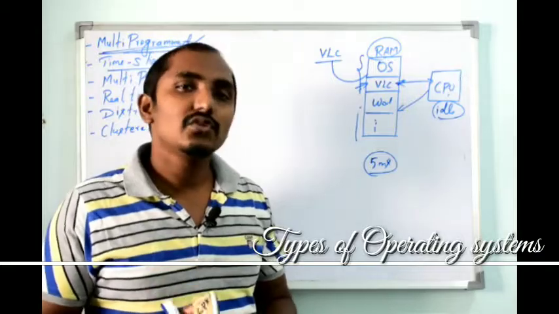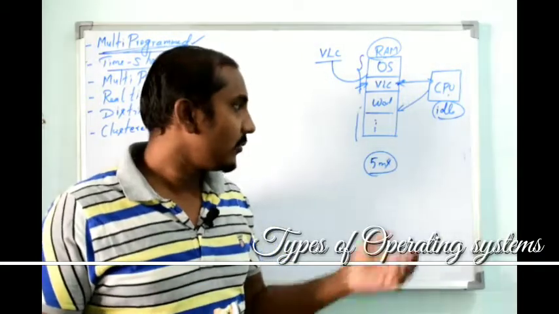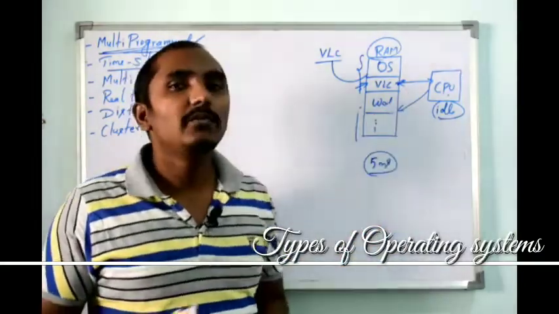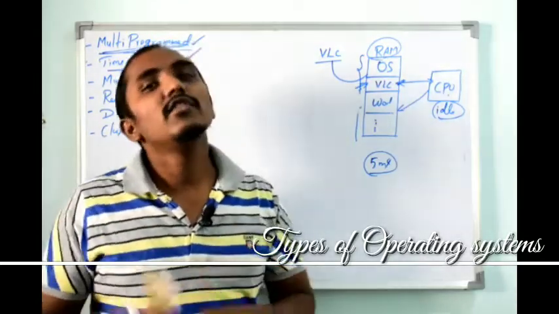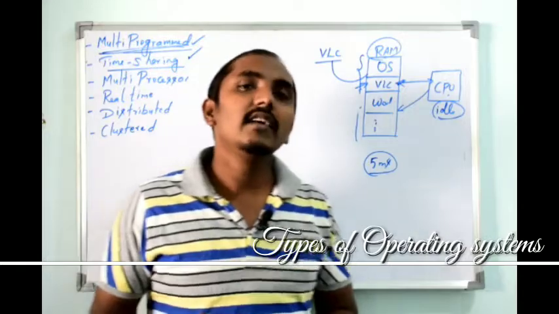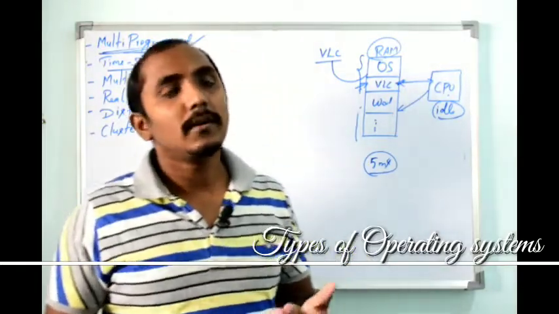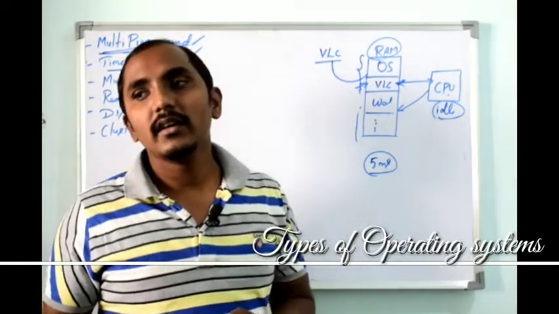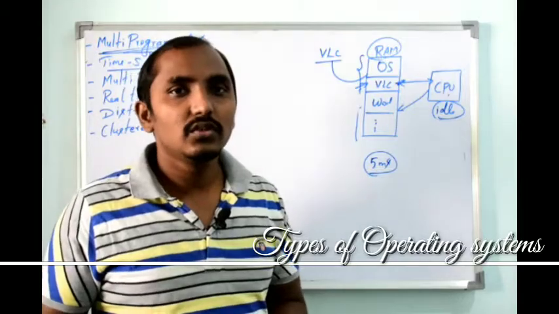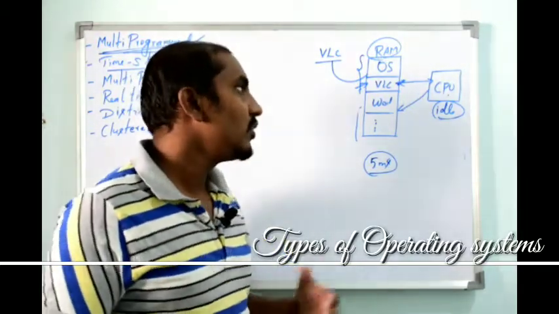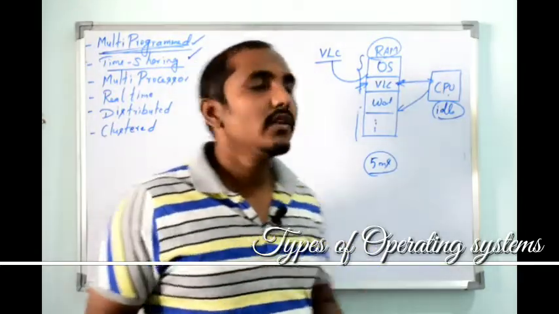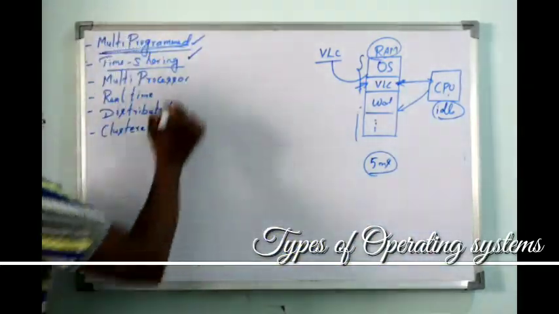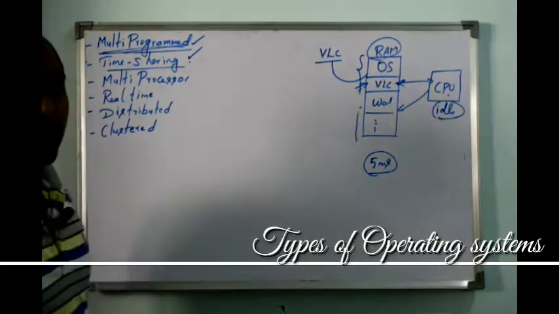After that time period, it selects the other program for execution. Like that it switches from one program to another, which increases the efficiency of the CPU and gives more response to the user, so that it increases the performance of the CPU. Okay, so that is what a time sharing operating system is.